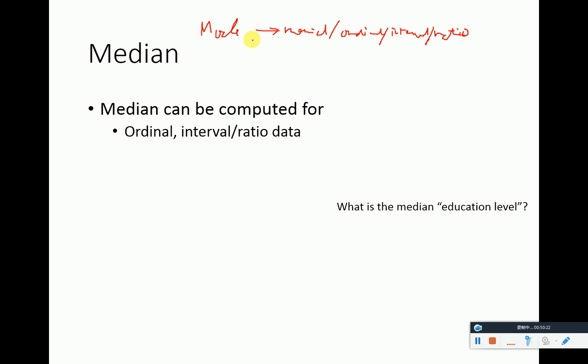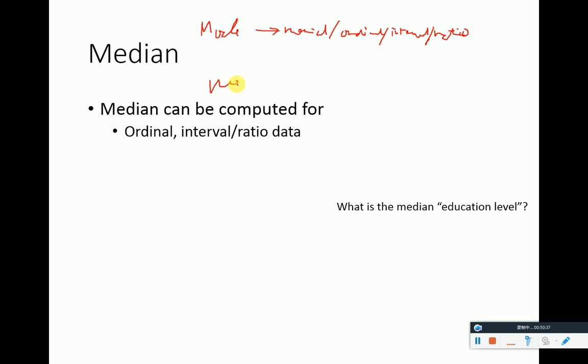So it can be used to describe all these four types of data. And if you forget already, you should check back to an earlier slide on this topic.